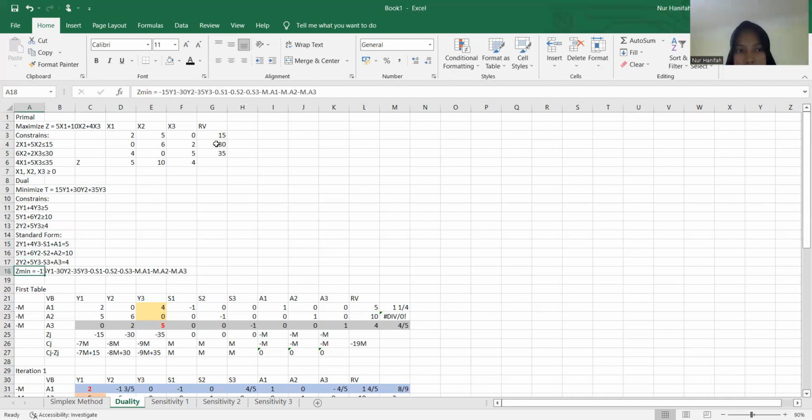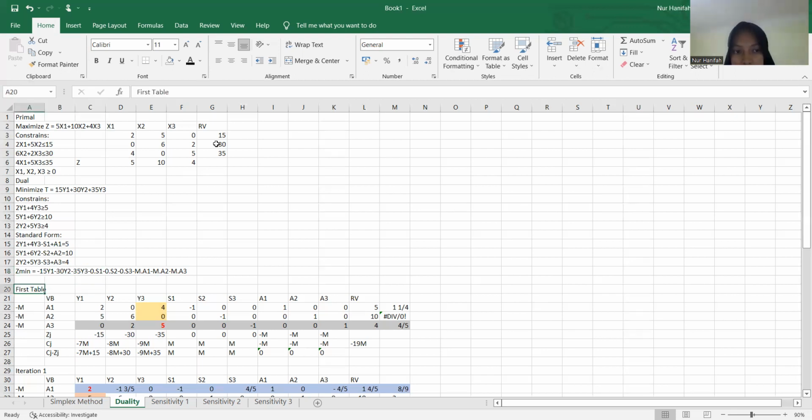This is z min, which becomes negative 15y1 minus 30y2 minus 35y3 minus 0s1 minus 0s2 minus 0s3 minus M times A1 minus M times A2 and minus M times A3.